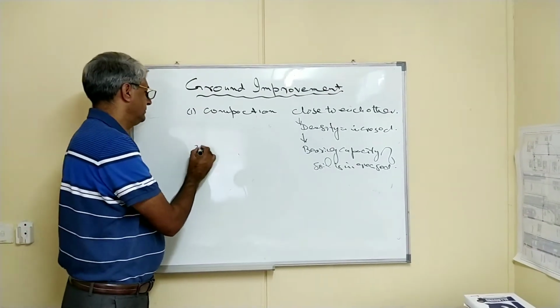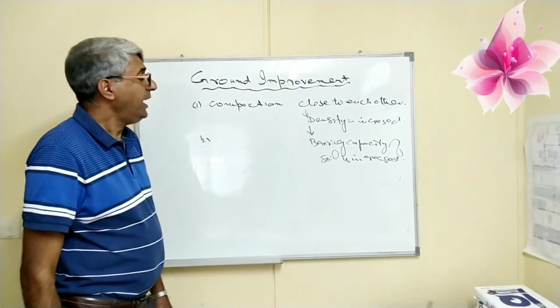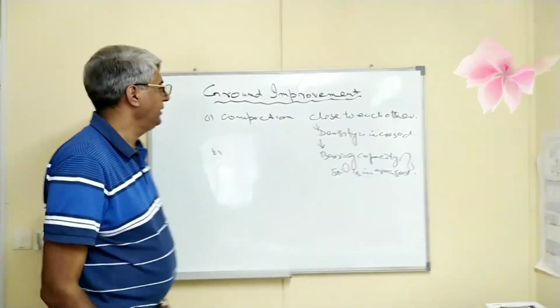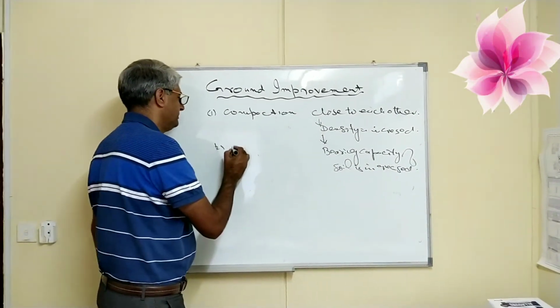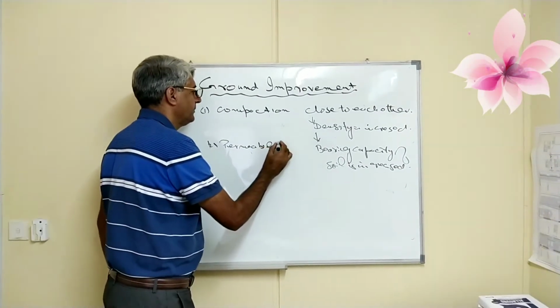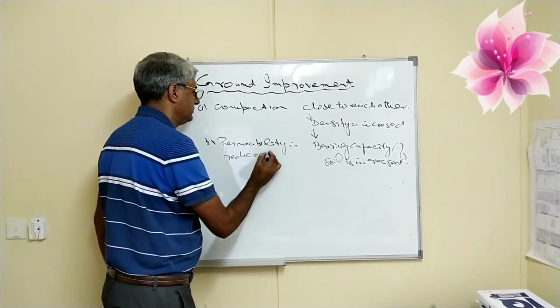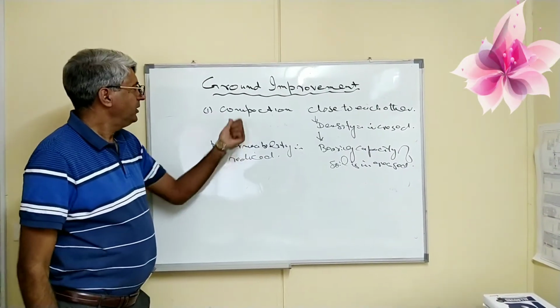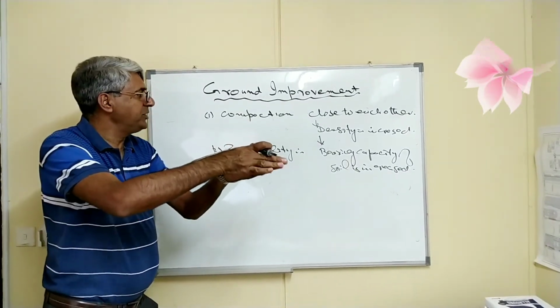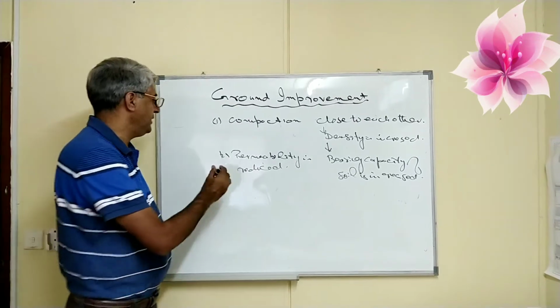Next, soil has one property known as permeability. Permeability is reduced. You know, compaction brings the particles close to each other, bearing capacity is increasing, and the permeability of the soil is reduced.